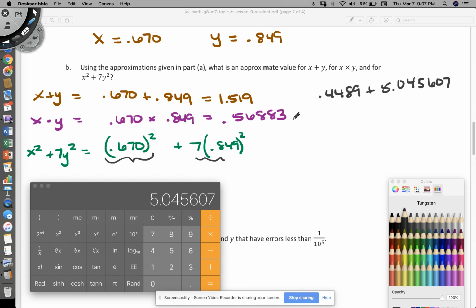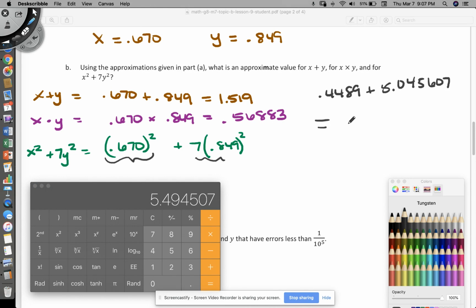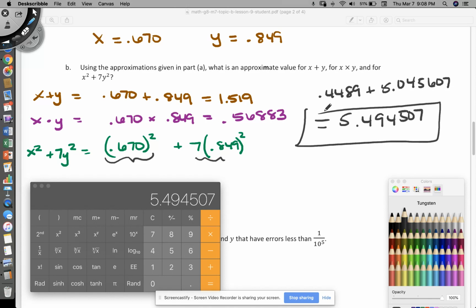All right, now I need to add those two numbers together. So I'm going to just leave it on my calculator and hit plus, and I'm going to add it to this number here, 0.4489. And therefore, my final ending answer is 5.494507. And that's my final answer there.